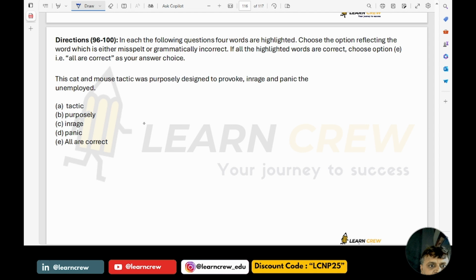This cat and mouse tactic was purposely designed to provoke enrage. This is not enrage, it is ENRAGE. And panic the unemployed. Okay. So the wrong one is option C.